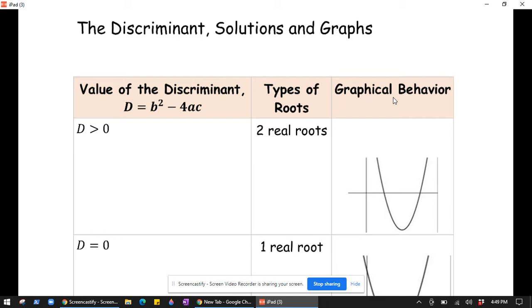So once we have our quadratic in standard form and we can identify a, b, and c, we can compute the discriminant. I'm going to call the discriminant D. If you get a positive number when you compute the discriminant, that means that there are two real roots. Now, for our purposes, you can think of the word roots as meaning x-intercepts.